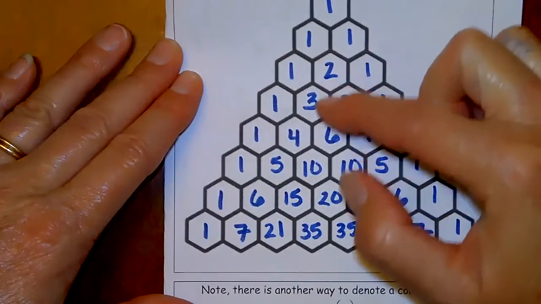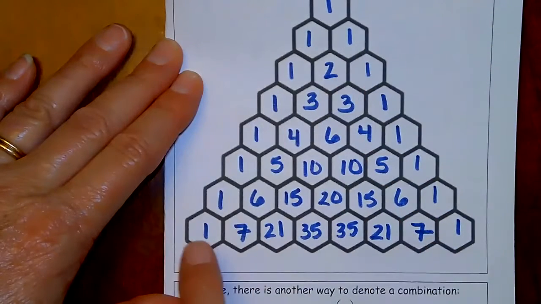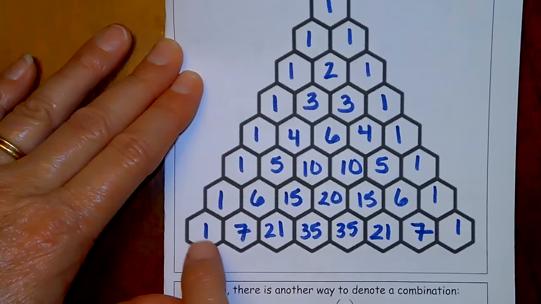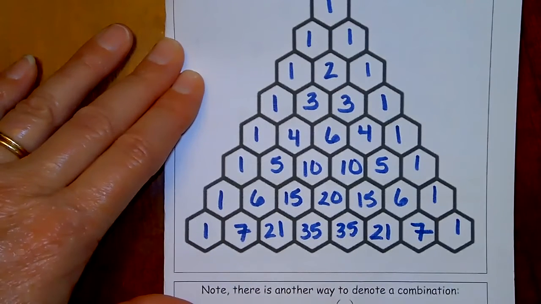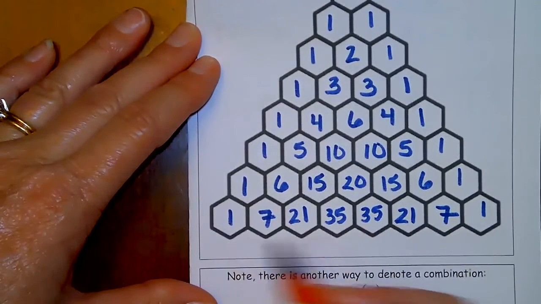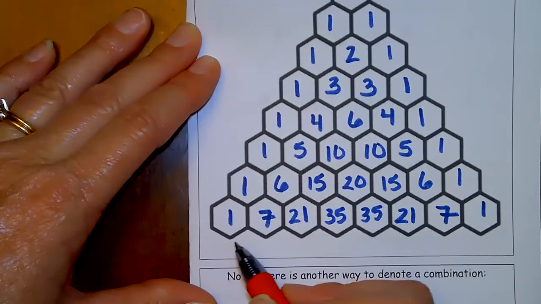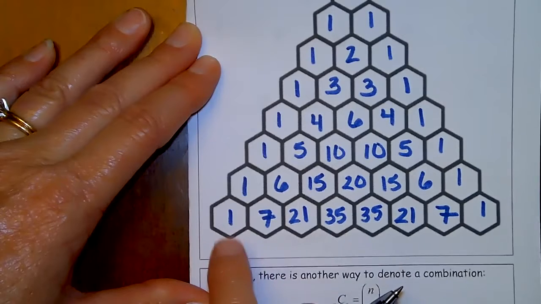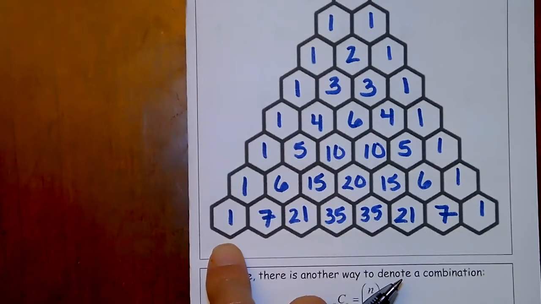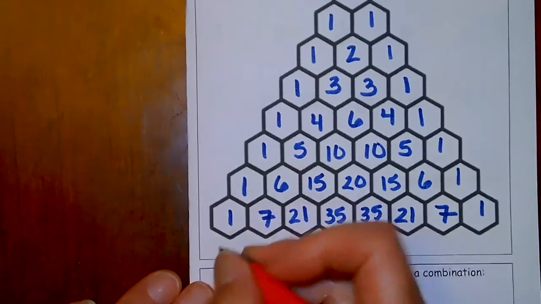This number here, it's not what row it is, it's 1, 7, 1, 6, 1, 5. So if this is 1, 7, this is going to be our 7 choose, okay? Now, I personally like to start with this being 7 choose 7. Some books have us start with this being 7 choose 0, but I find it more helpful having this start with 7 choose 7 when I use this in other ideas like binomial expansion.